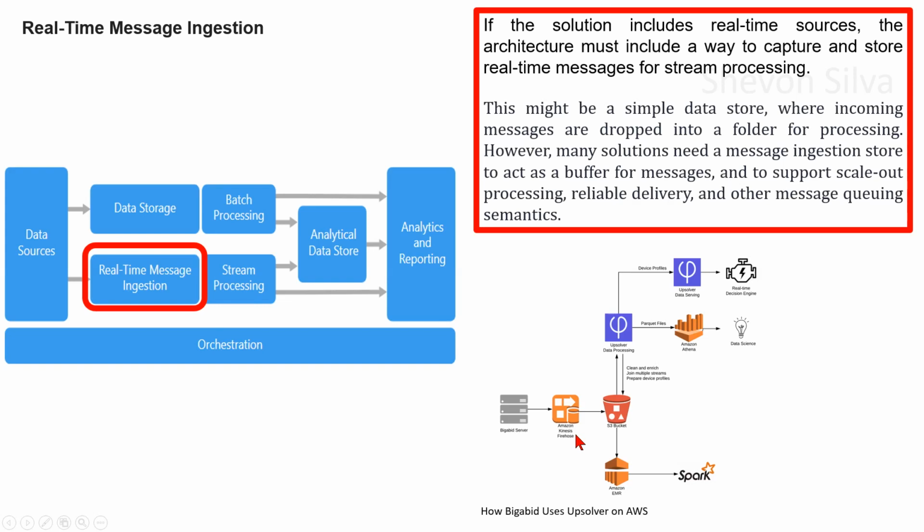Using Kinesis Firehose, the company ingests multiple data streams into its Amazon S3 data lake. It then uses Upsolver for ETL, extract, transform, load, to build complete user profiles in real time.